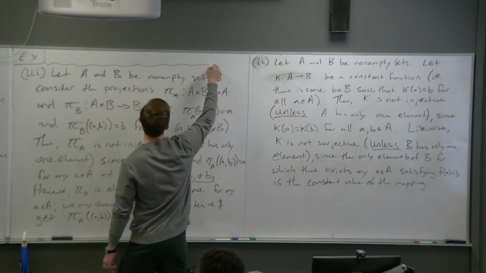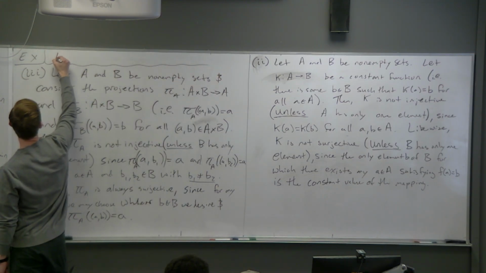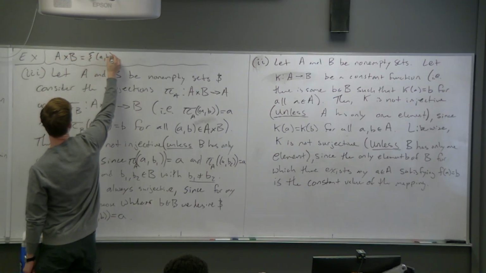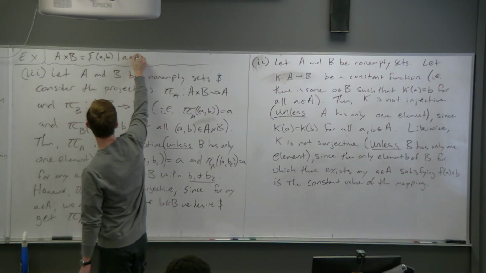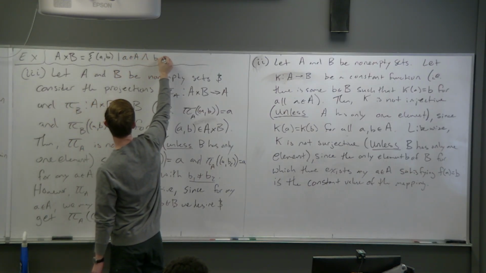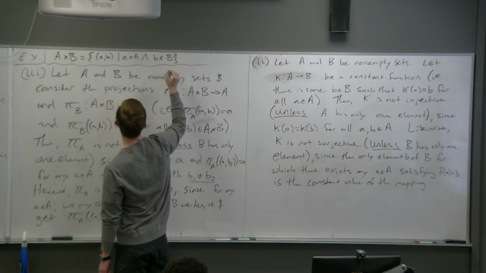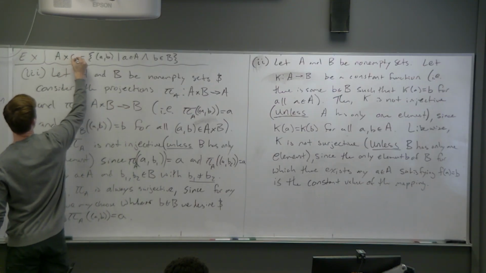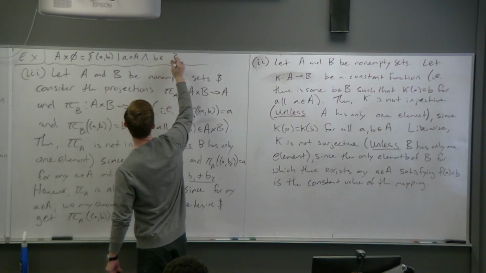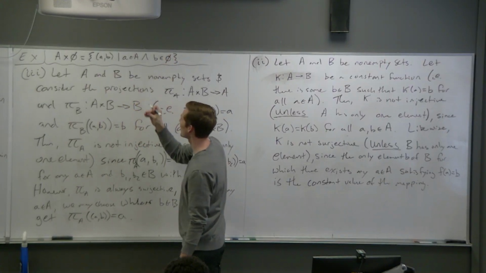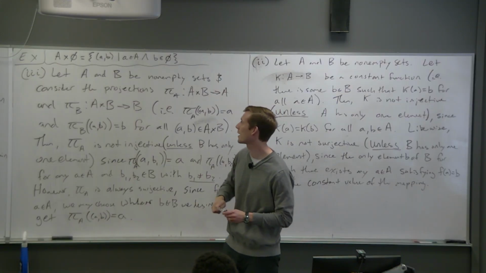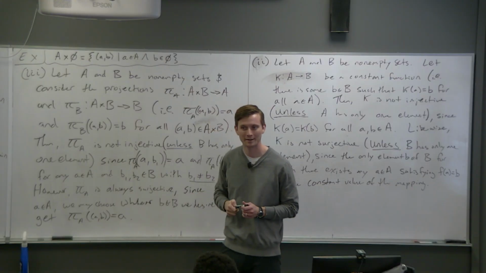A cross B is defined to be the set of ordered pairs AB such that A is in A and B is in B. So if we replace B with the empty set, is there any ordered pair AB that would satisfy the predicate defining the set?